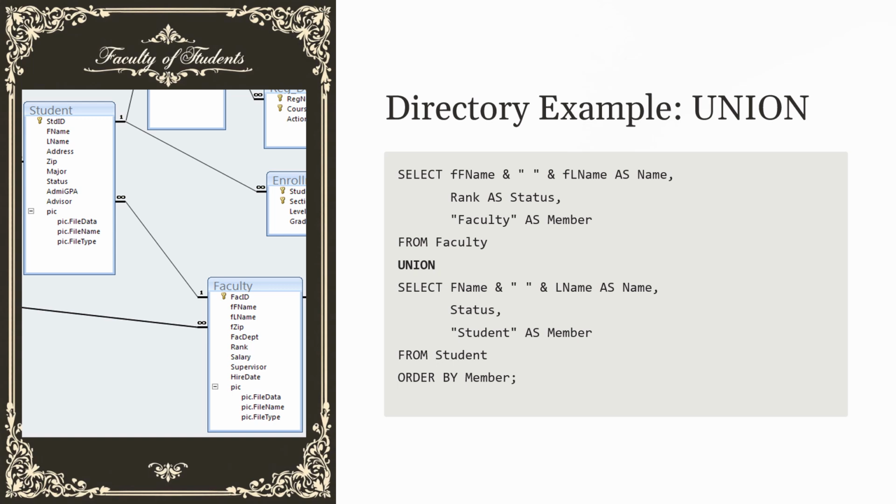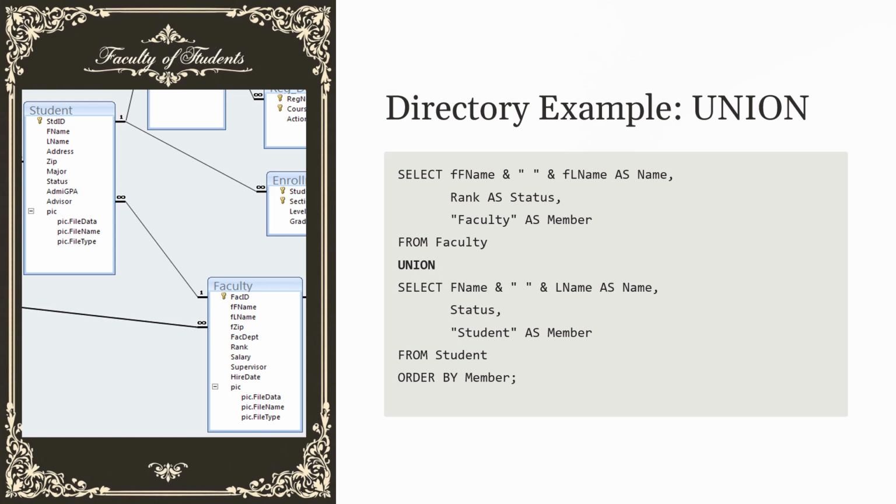Another example: we need a unified directory combining faculty and student records. Union merges their details into a single list while ensuring consistent column names. So here we can see the rename. Basically we select first name, last name as name, and then we also have rank as status, and also put faculty as member for all the records from the faculty table.